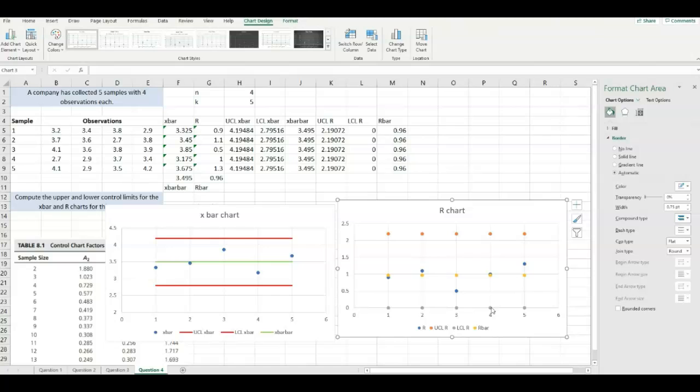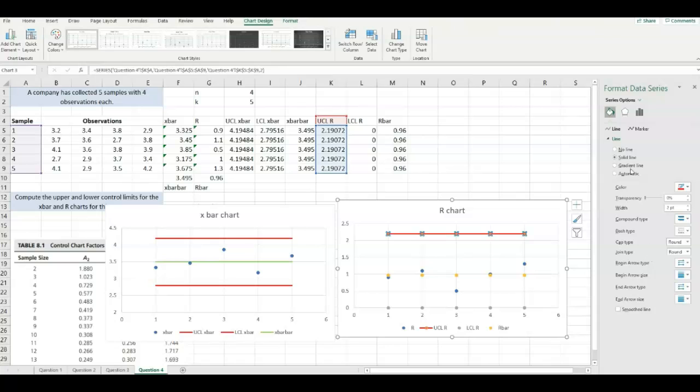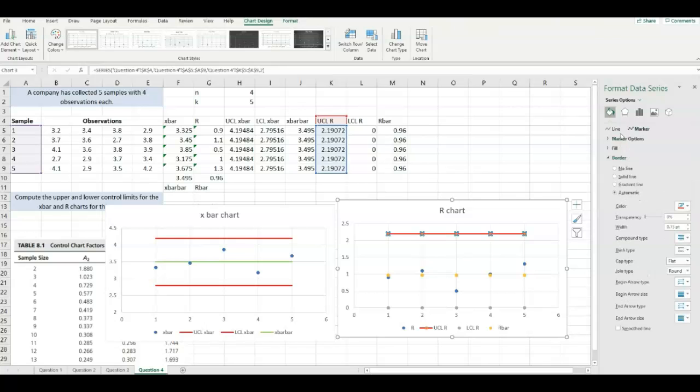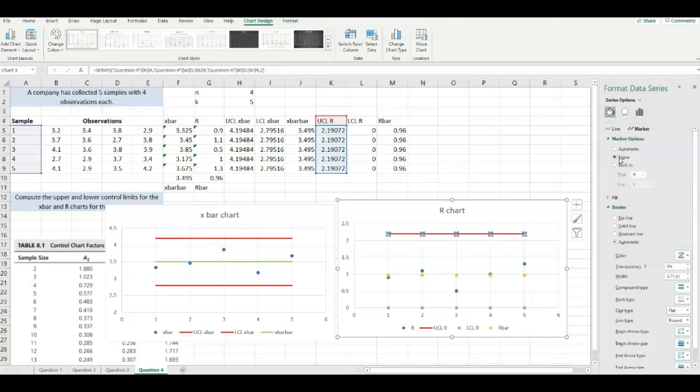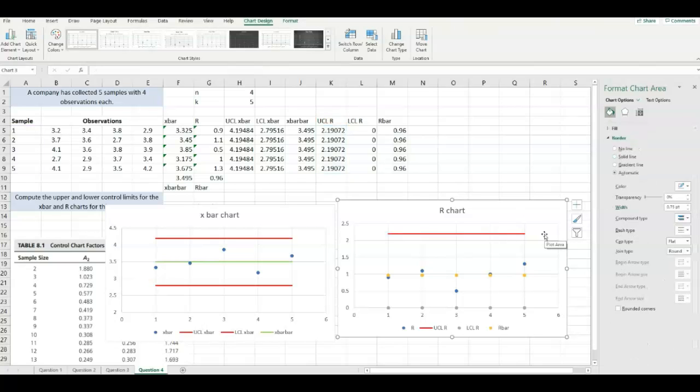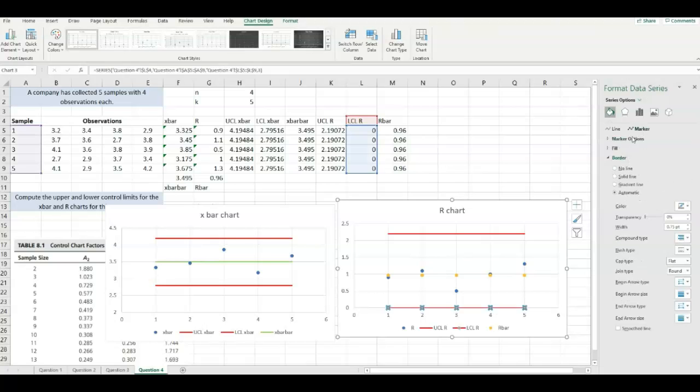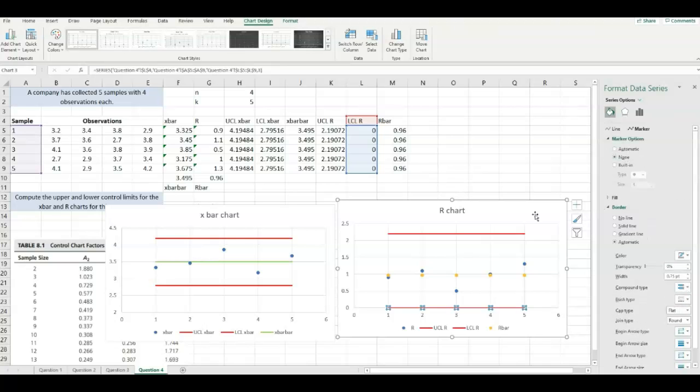Now we need to format our upper and lower control limits, so that way we have the straight lines again. So we want a solid red line, and we want to eliminate the markers. So in that way the upper control limit's just a straight line. Lower control limit, we want another solid red line, and eliminate the markers.